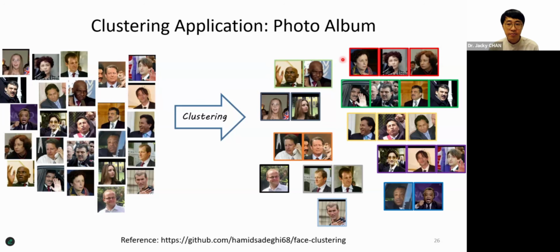So my daughter's photos go into one group, and my parents' photos into another group. This can help us organize the photos without labels, and make it easier to find the useful photos.